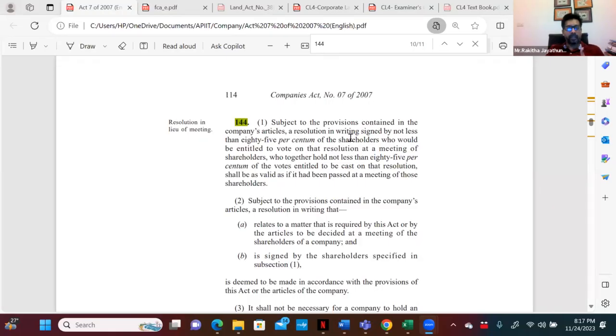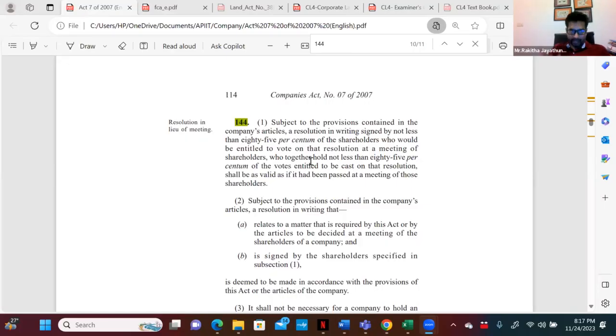So how can you pass a resolution in lieu of meeting? There shouldn't be any prohibition in the articles of association. Since we have adopted model articles, no such restriction. Therefore, we can pass the resolution in lieu of meeting. However, the resolution in writing should be signed by not less than 85% or more of the shareholders who would be entitled to vote.